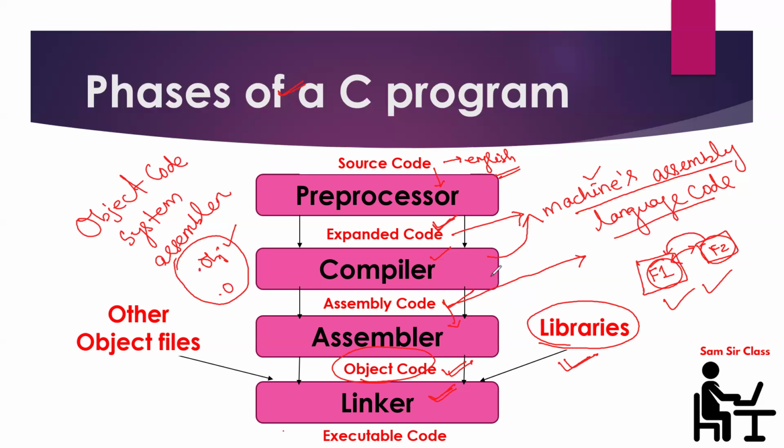So the main important task of the linker is that it links the object code of these files to our program. The job of the linker is only to combine the object code of our program with the object code of other files or the object code of library functions, the predefined functions.